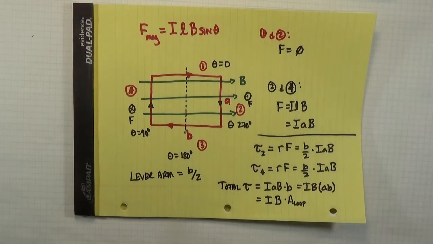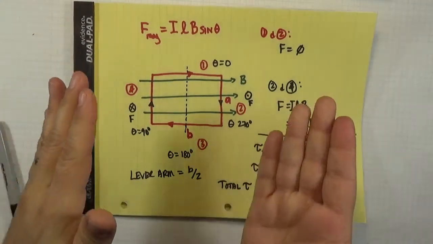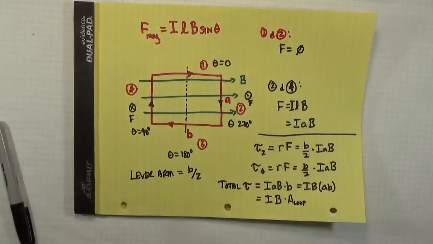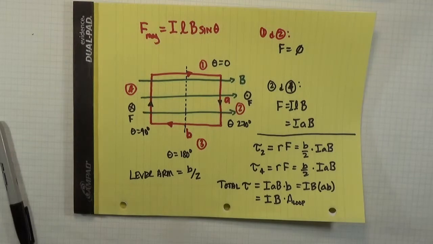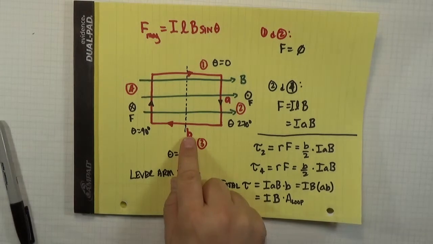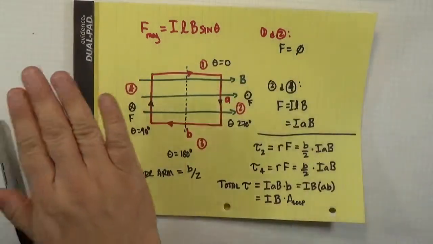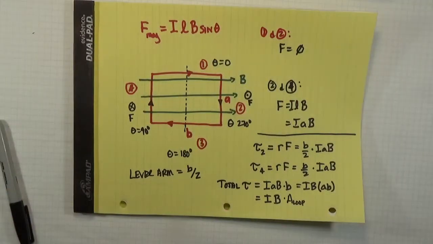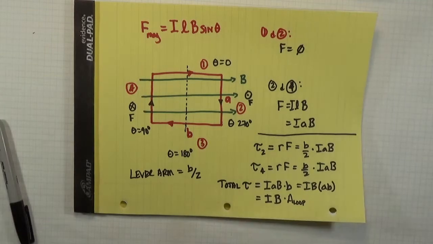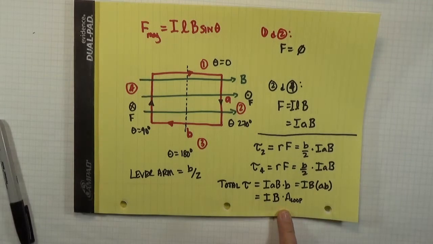That is the maximum torque that this loop will experience. If you imagine taking the loop in any other rotation around that axis, then you will find that the lever arm decreases. And it's only maximum when the loop is parallel to the magnetic field like this. So we will use this formula when we need to calculate torques as the maximum torque that a loop can experience when it's immersed in the magnetic field.